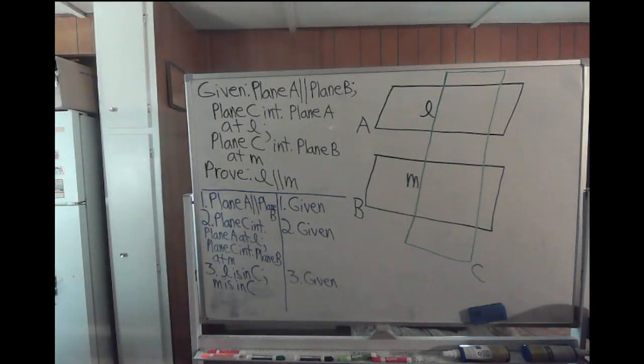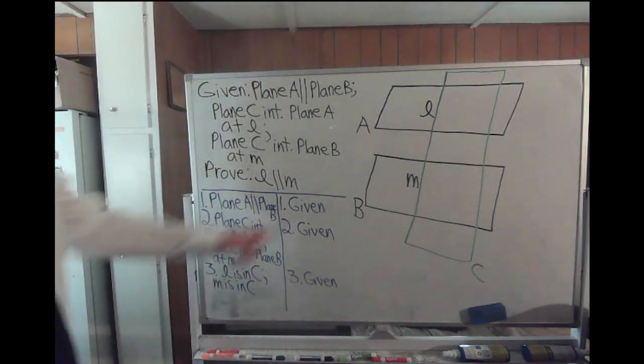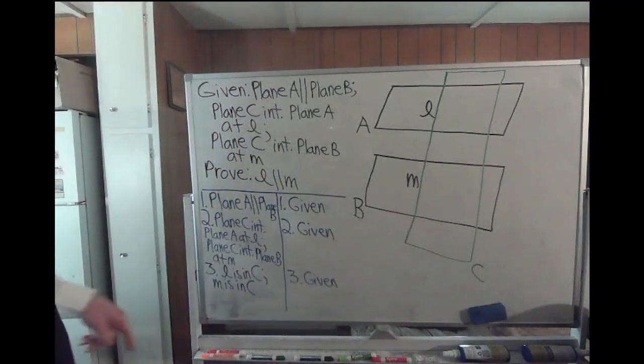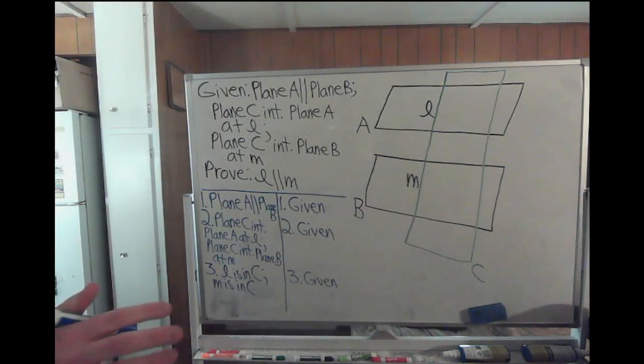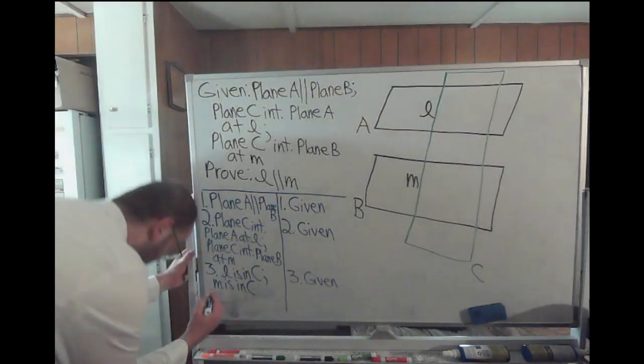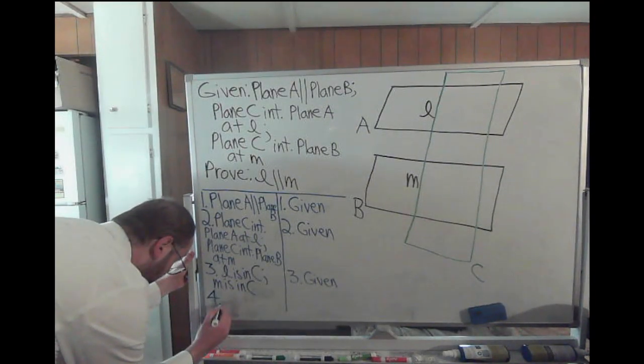Now we know that L is in C, M is in C. We know for a fact that lines L and M don't touch, right? Lines L and M don't touch, so therefore they must be parallel. Step 4.